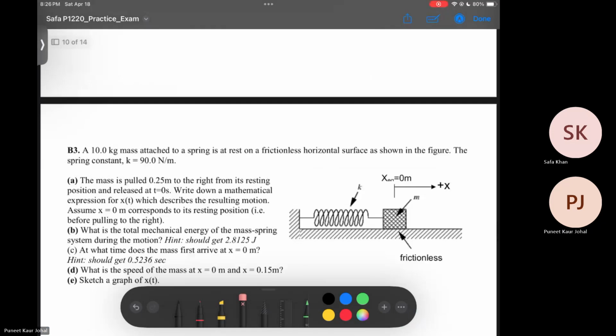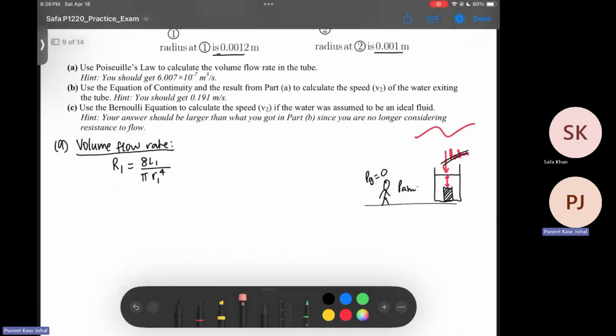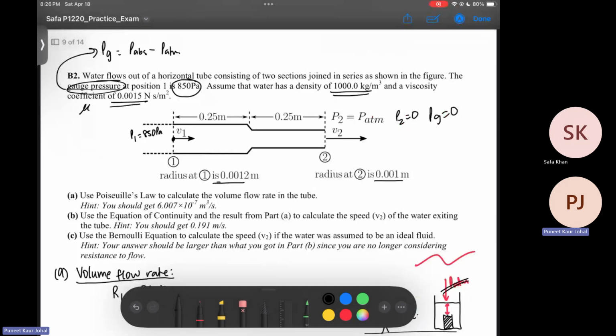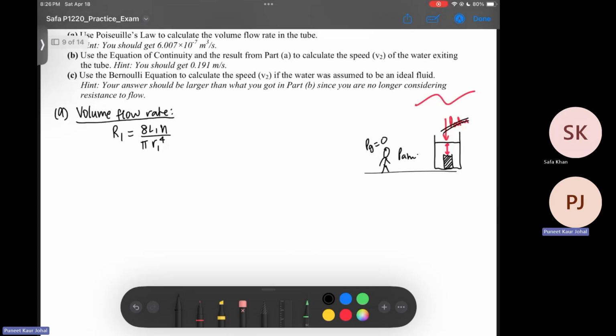Okay, it's this. So usually what you would do to calculate the flow rate is just multiply the area with the velocity, area, length, and velocities. That would give you the flow rate, but because there is resistance, because the fluid is viscous, you'll be using this law.